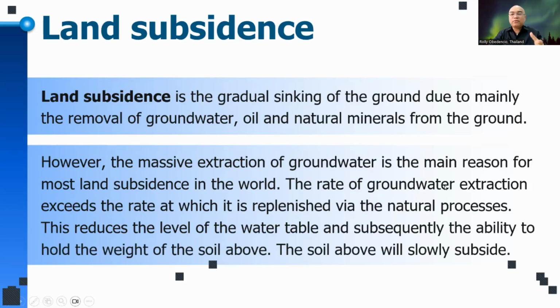The rate of groundwater extraction exceeds the rate at which it is replenished via natural processes. This reduces the level of the water table and subsequently the ability to hold the weight of the soil above. The soil above will slowly subside.